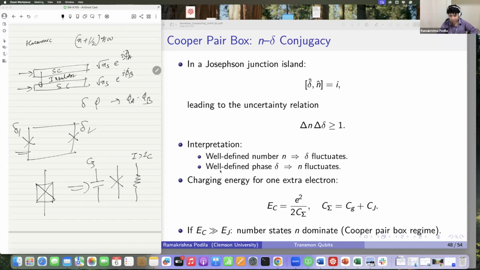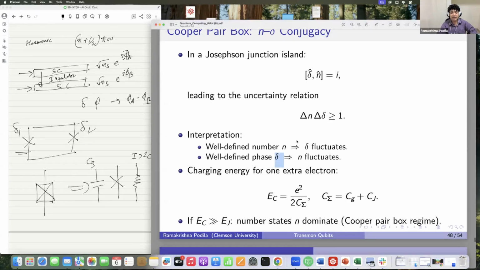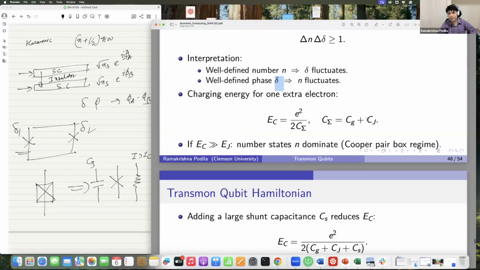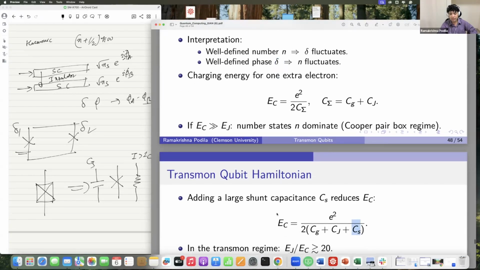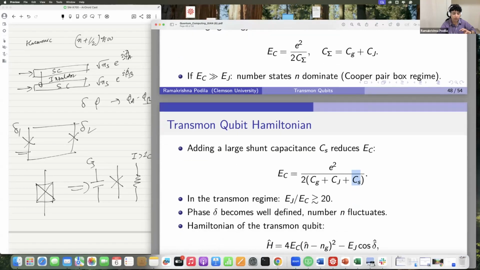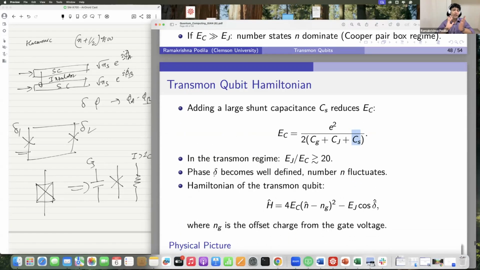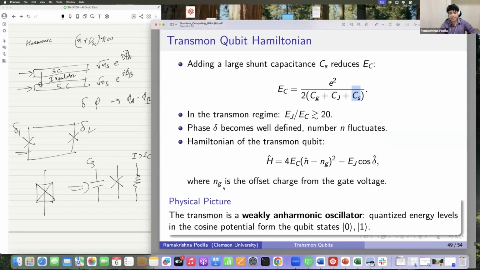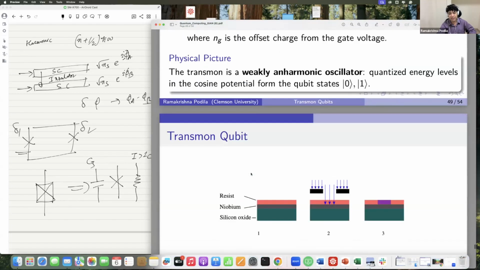So here what we are working with is a well-defined delta, and we are putting this large shunt capacitance in series here to reduce the charge noise. So we define the phase delta, the relative phase difference, very well, and use that as a weakly anharmonic oscillator with the lowest two levels. That's the real transmon.